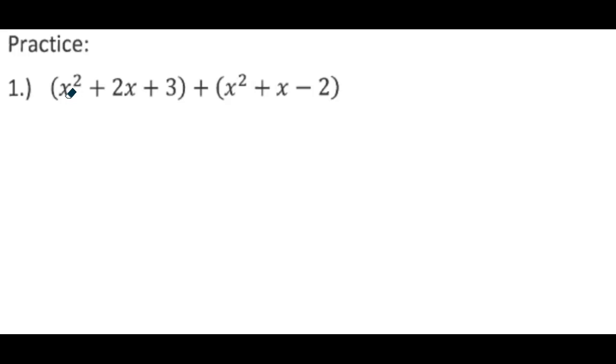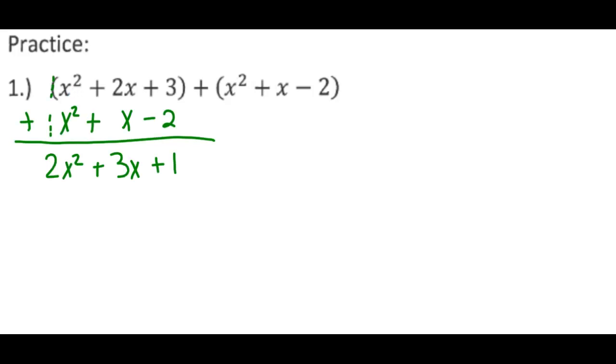Do not change the exponents at all in your answer, okay? I would like you to try 1, 2, and 3, and then we're going to come back and talk about it. Pause the video to do that now.